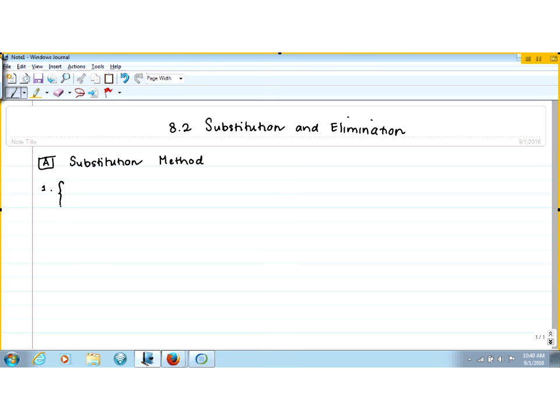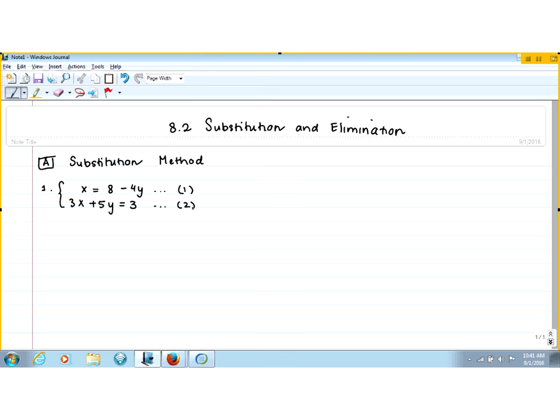So the first equation is x equals 8 minus 4y. And the second one is 3x plus 5y is equal to 3. So we will call this equation 1, and we will call this equation 2.